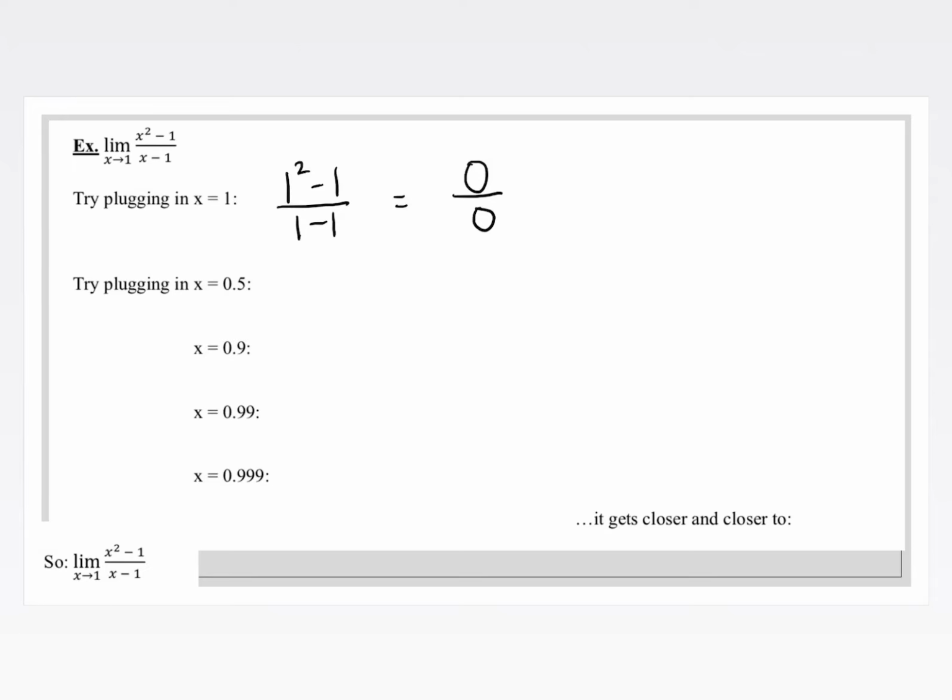Let's try x equals 1/2. If we plug that into our function, that gives us positive 1.5.